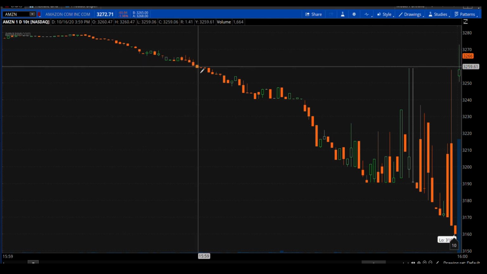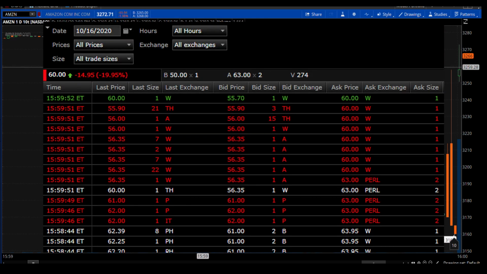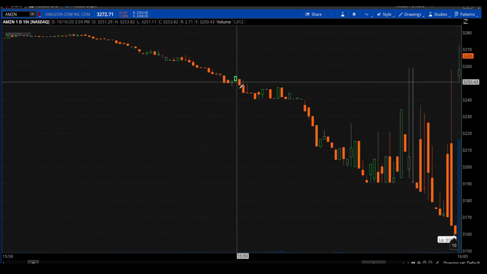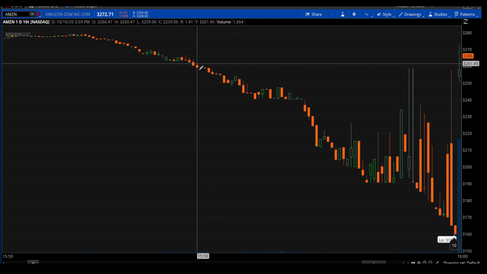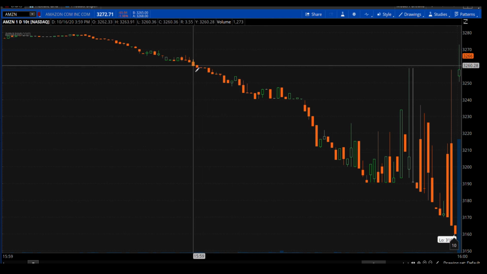So this move was partially caused by stop loss market orders in Amazon call options being triggered, and market makers scrambling to try to hedge the calls that they were buying. Now, obviously, this is not from just one order, but who's to say which order triggered all the other orders?